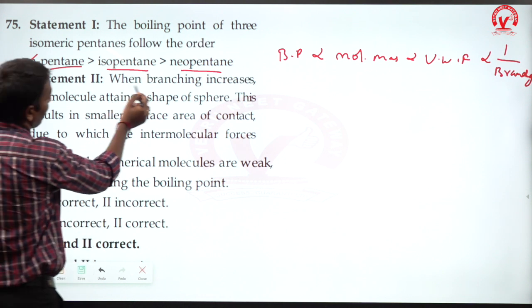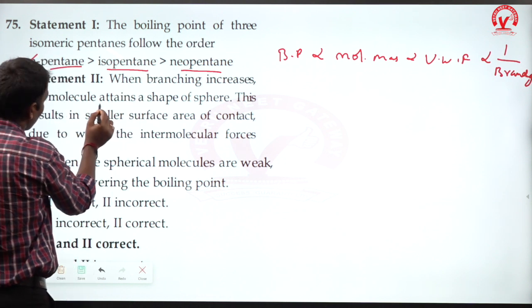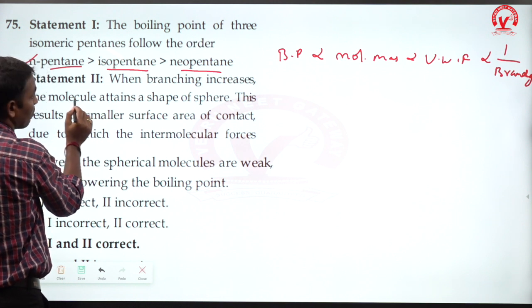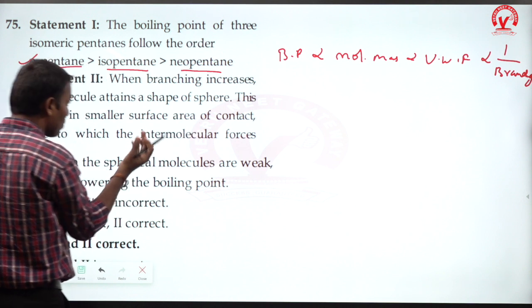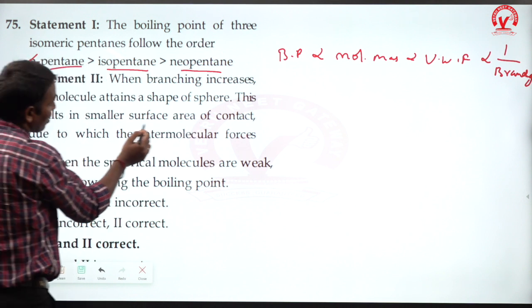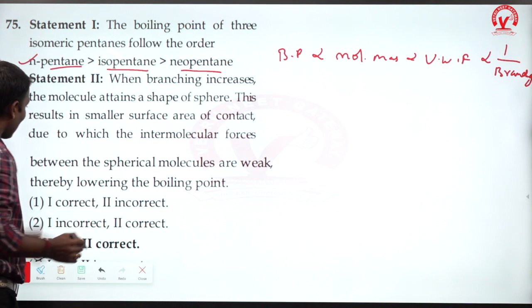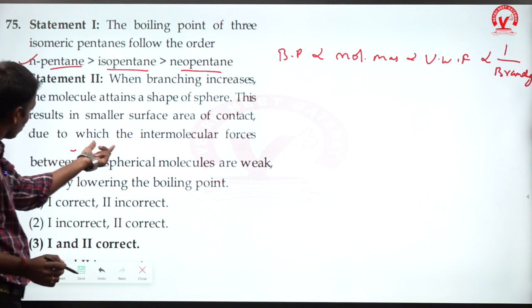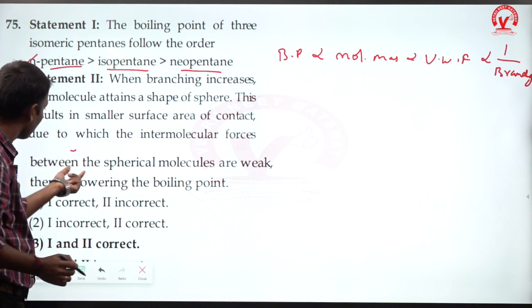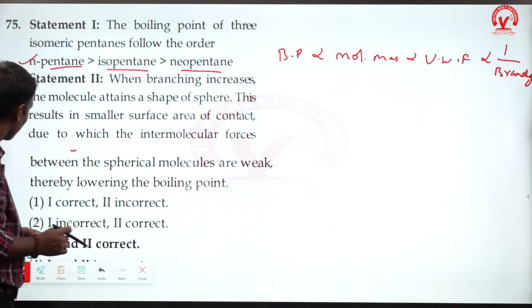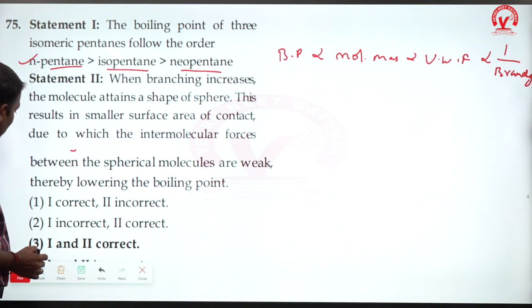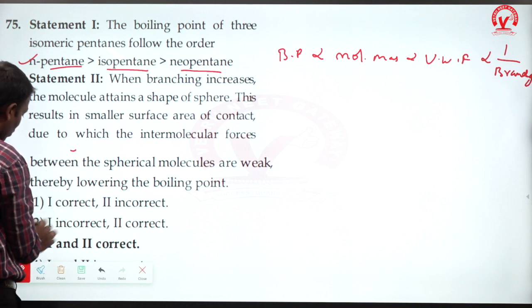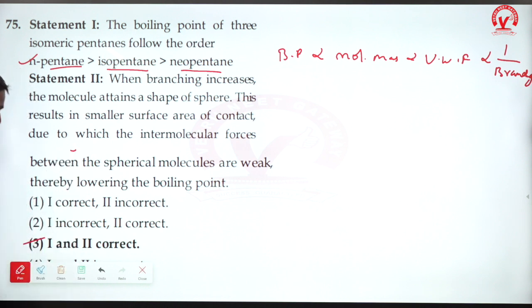Then we can take, when branching increases, the molecule attains the shape of a sphere. This results in smaller surface area of contact, due to which the intermolecular forces between the spherical molecules are weak, thereby lowering the boiling point. Yes, I think both are correct. You can take both 1 and 2 as the correct answer.